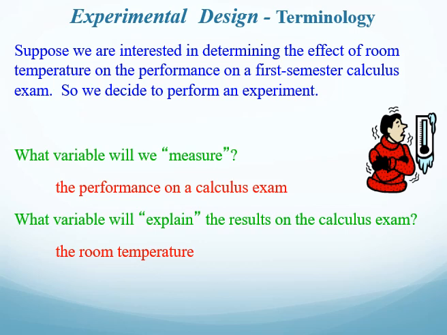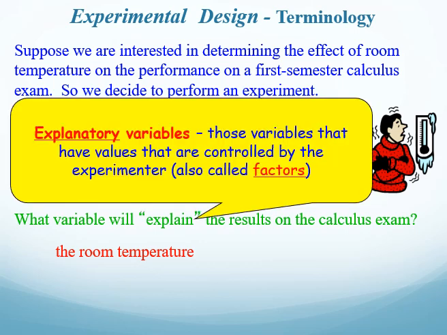So we expect some result, and we're going to test it by running this experiment. This is referred to as the explanatory variable. It's the variable that explains the results, like, the results are better if you're in a cold room, or maybe better in a hot room. And the different levels of that explanatory variable will be referred to as factors.